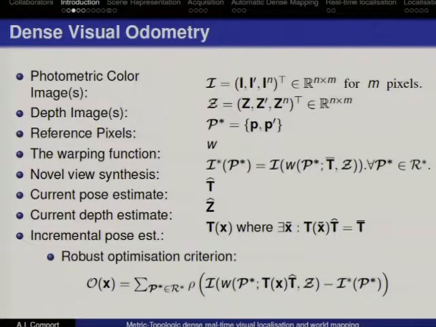So just to give a first overview, maybe a little bit technical, but the rest of the approach is based on this. Back in 2007, we first published some work on dense localization and mapping. Basically we have a set of photometric color images. We have potentially depth images.